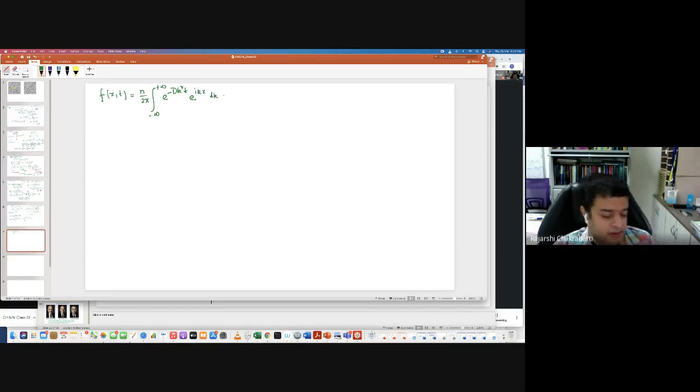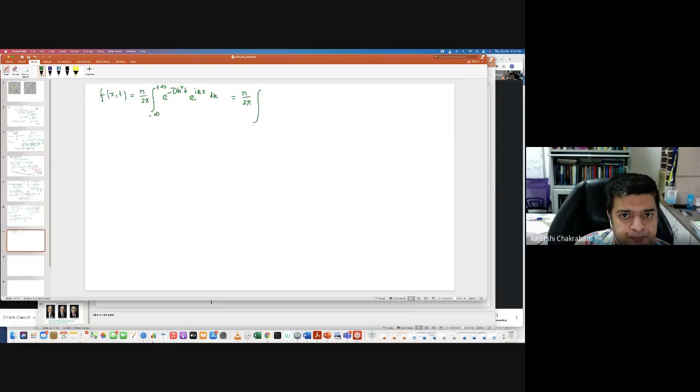This is exactly the expression, isn't it? So this one I can write as N by twice pi e to the power of minus. The first term is dk squared t. I can actually write it like this: k root over dt whole square. This is the first term, no? Next term is plus; if I take a minus, it will be minus ikx.